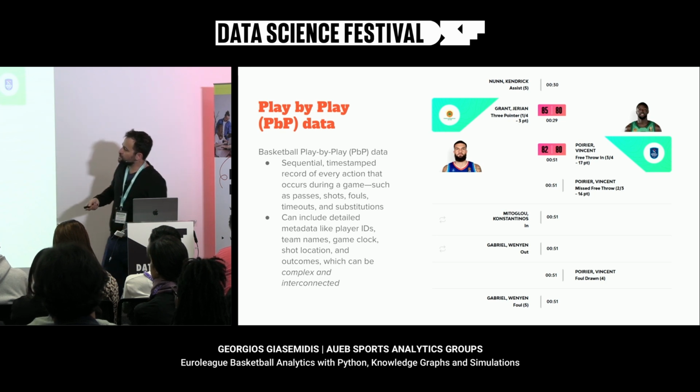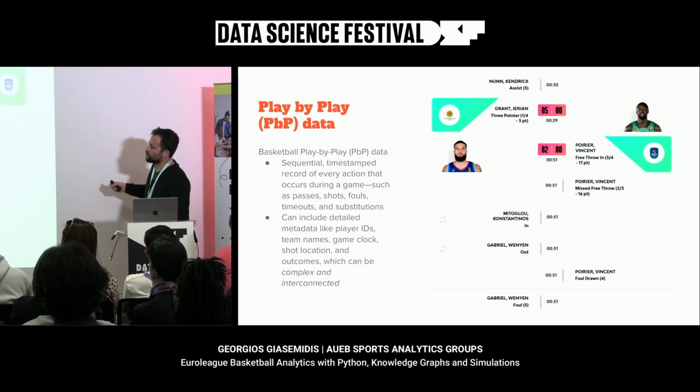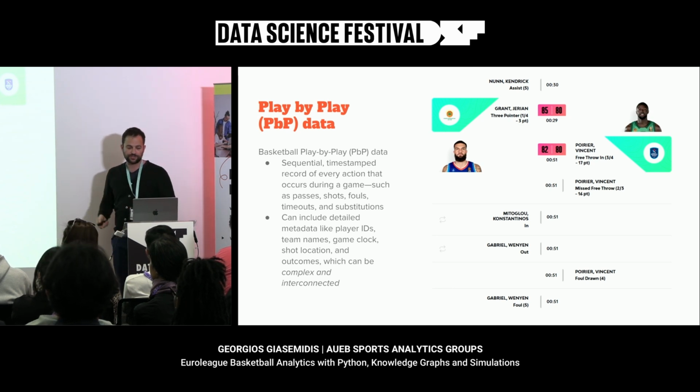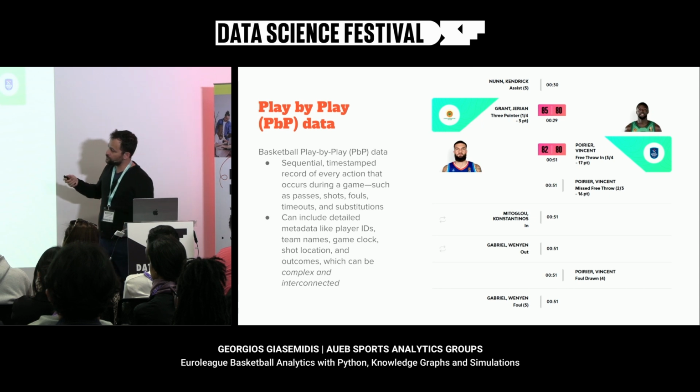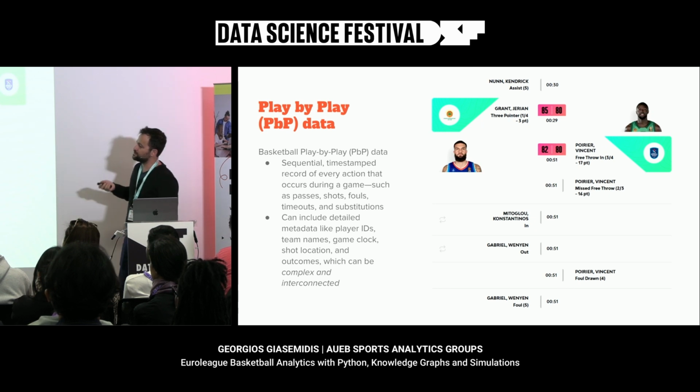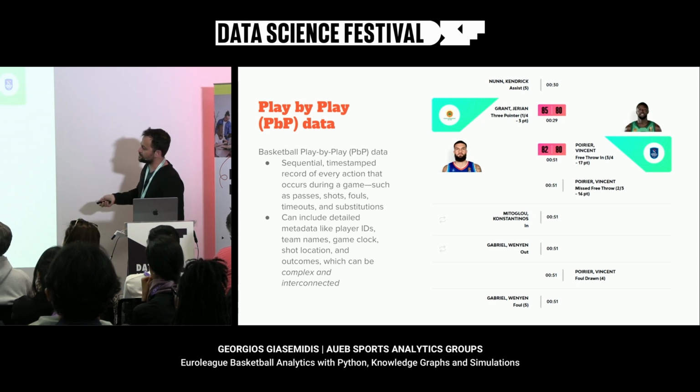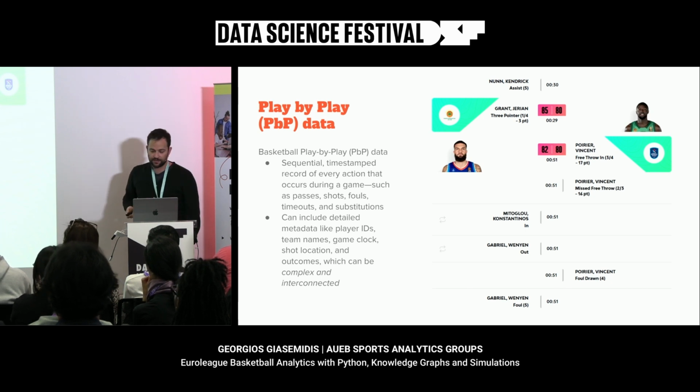So it's a sequential timestamp record of every action that happens on the court. Okay, passes, shots, fouls, and this kind of stuff. And it's very, very useful because it includes detailed metadata like player IDs, their names, game clock, when something happened, shot location, outcomes, and things like that.